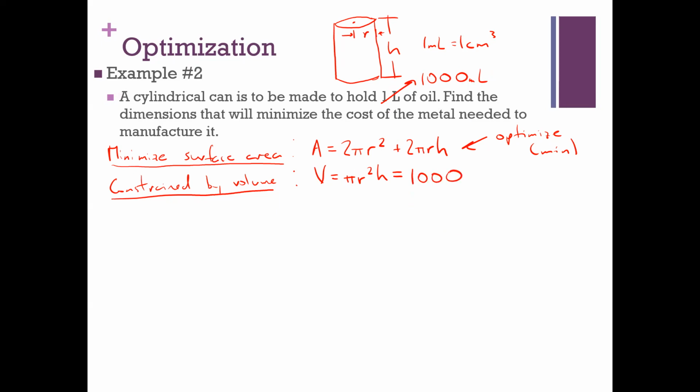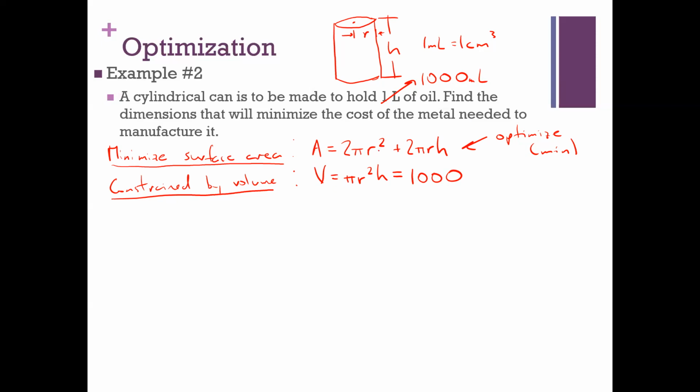All right, so now I have a function I'm trying to optimize. It's not a very usable one yet. I have some kind of relationship for how this is going to be limited. How should I unite these two things together? Get the same variable. So here's the thing.